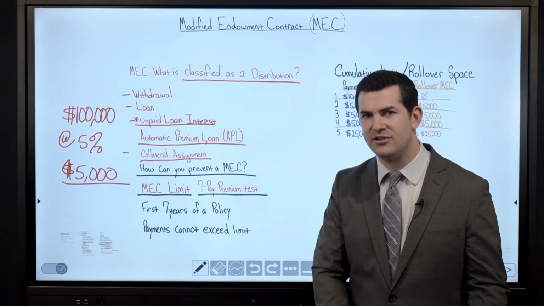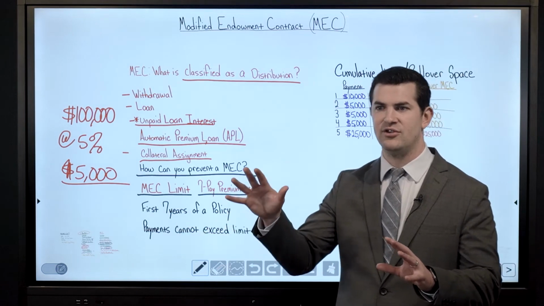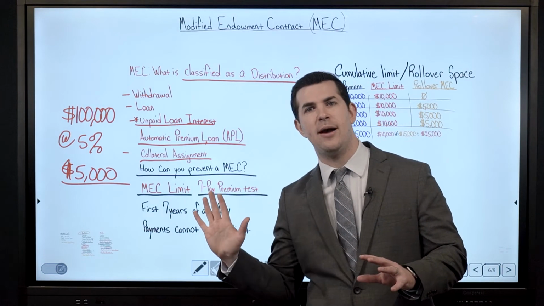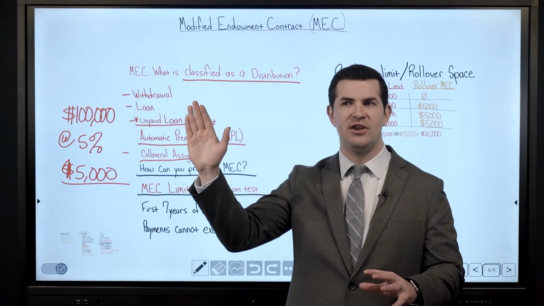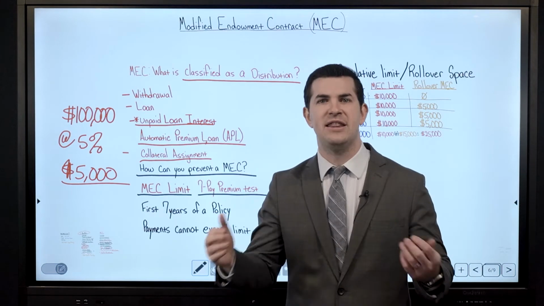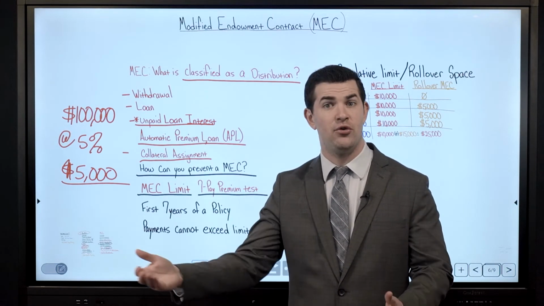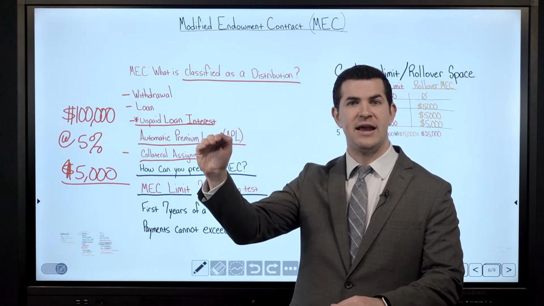When we talk about policy design, the main question I like to ask is, how much do you want the ability to pay into a policy on any given year? If someone says, I want the ability, if things go very well, to pay in $50,000 on any given year, 50 grand. Okay, so what we would do is design that policy with a $50,000 MEC limit.